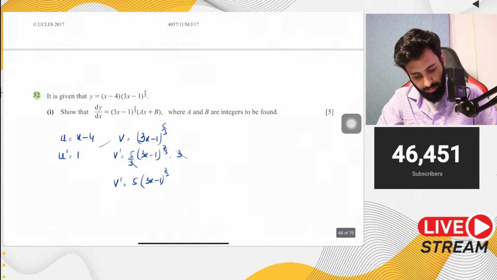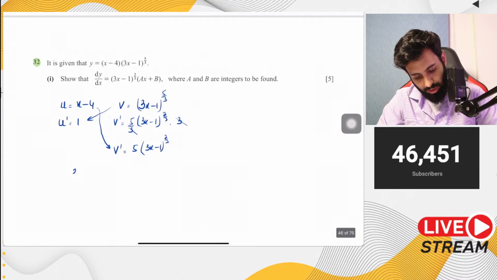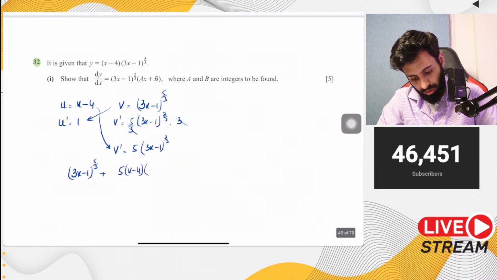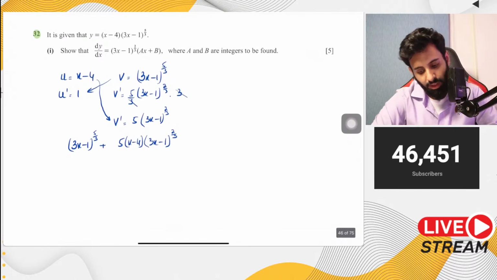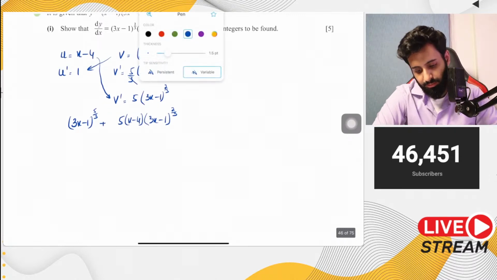So vu prime plus uv prime. vu prime basically means (3x minus 1) to the power 5 upon 3, plus uv prime basically means 5 into (x minus 4) into (3x minus 1) to the power of 2 upon 3. Now what can we take common over here?